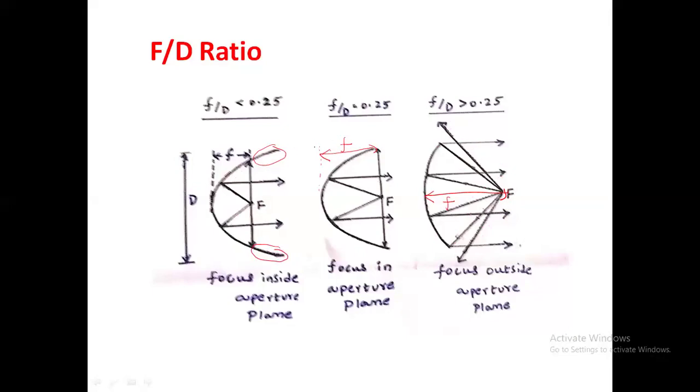So in order to get the proper F by D ratio, this is the correct way of taking its value. How can we decide? It is exactly 0.25. We cannot just say that orally, so mathematically we are going to see a small analysis.